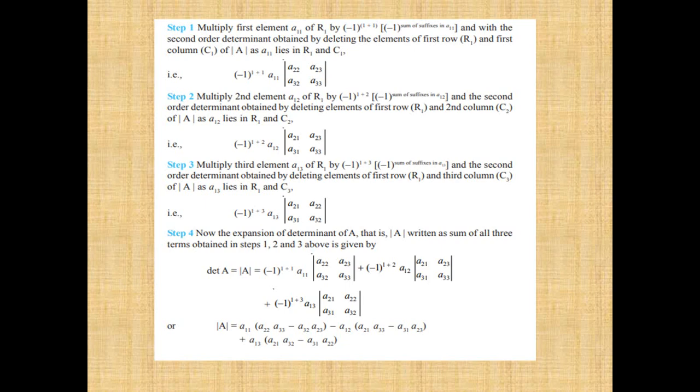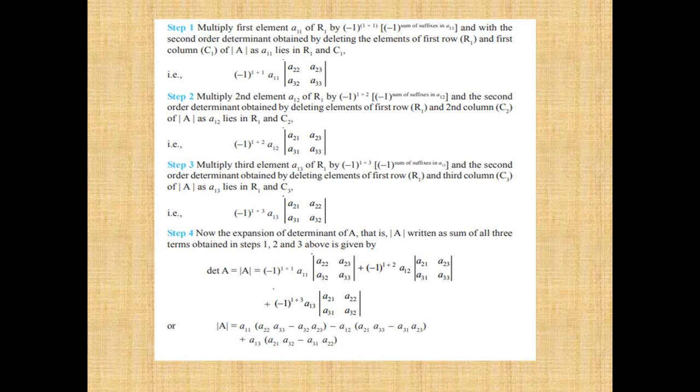That gives the sign of the element at that position. Then we delete the first row and the first column, so we are left with the matrix A22, A23, A32, A33, as shown in the first step.